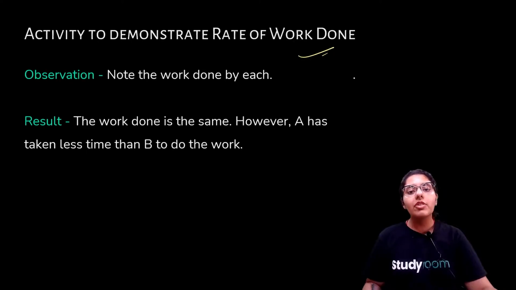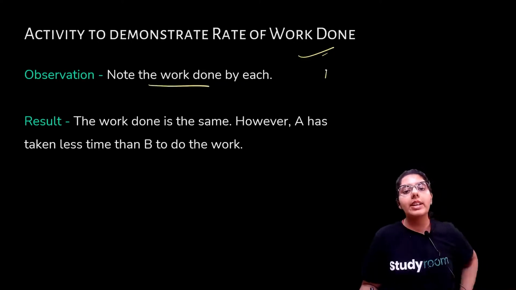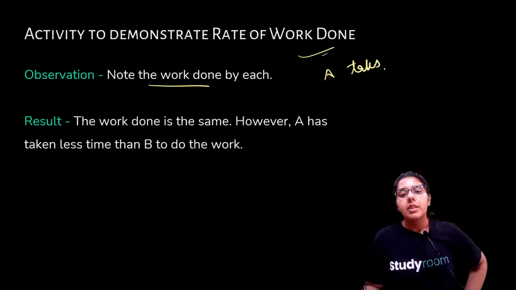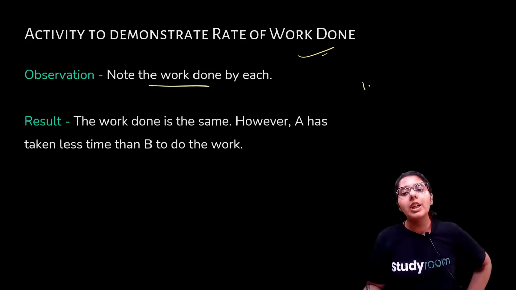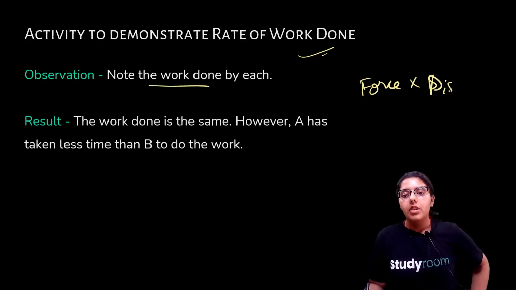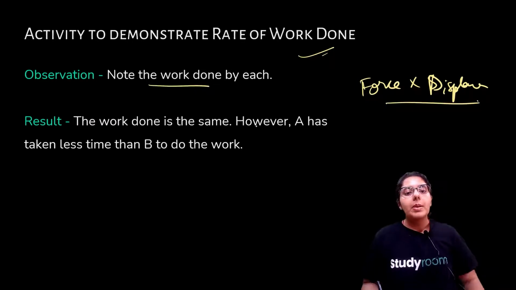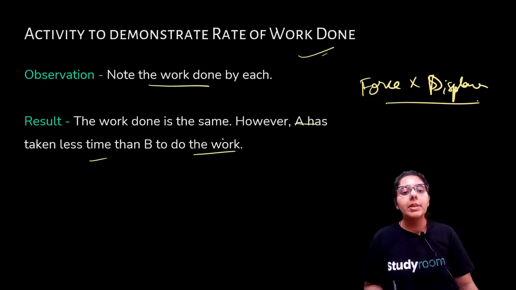So we'll say that work done is same even when A takes lesser time, B takes more time than A, but if both are doing the same work, right? So work will remain same, but A has taken less time than B to do the work.